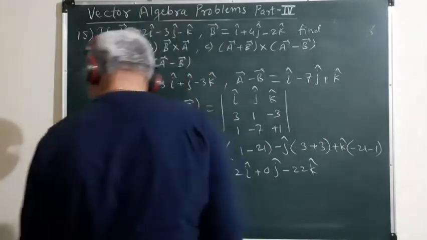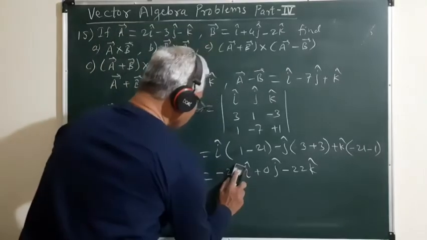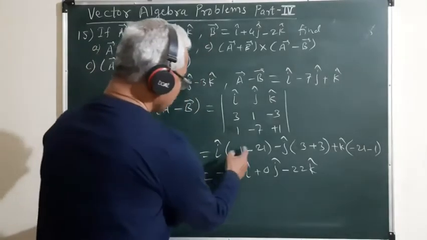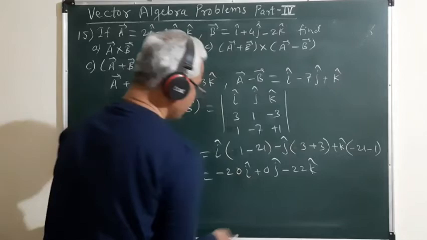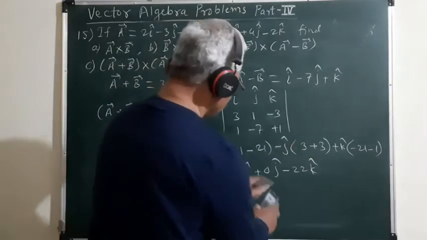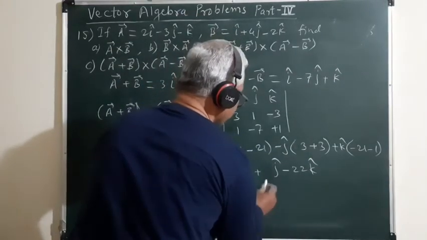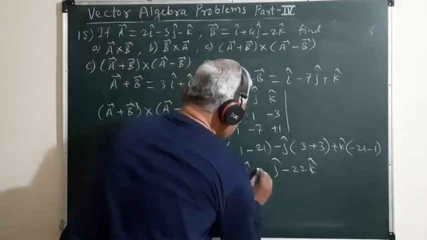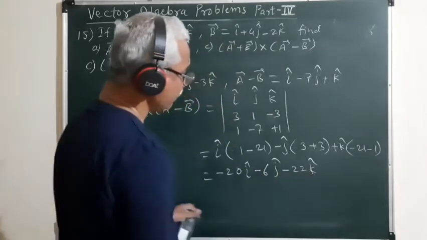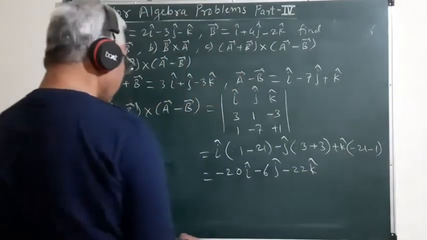Okay, so this works out to be equal to plus 1 minus 21 is minus 20, 3 plus 3 is 6, so it should be minus 6 j cap and minus 21 k cap.